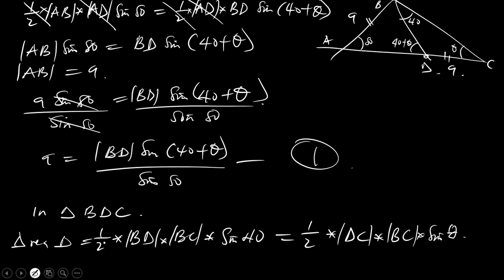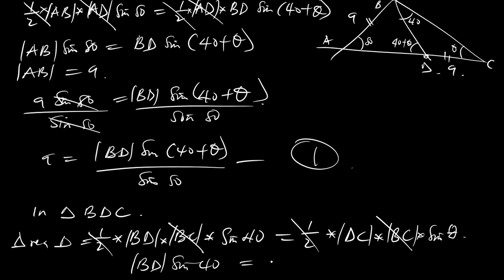So the half is common, we'll cancel them off. BC is common, we'll cancel it off. Now we are left with BD sine 40 equal to DC sine theta.